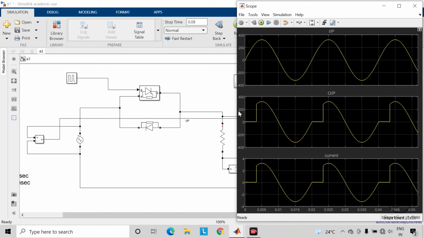So as you can observe here, at a firing angle of 60 degrees or at phase delay of 3.33 milliseconds, when this gate pulse is applied to this thyristor, at that time this thyristor jumps into the forward conduction mode and current starts flowing through this closed loop.